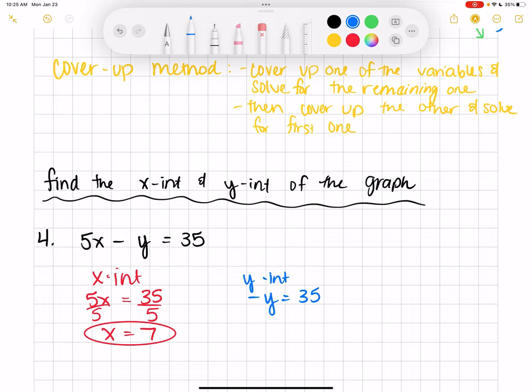How do I undo that? Yep, divide by negative 1. So y is equal to 35 divided by negative 1, which is negative 35. This one would be pretty brutal to graph unless you changed what each block of your graph was equal to, because otherwise you'd use a whole piece of paper. I would probably count by 5s. But your y-intercept then is negative 35.